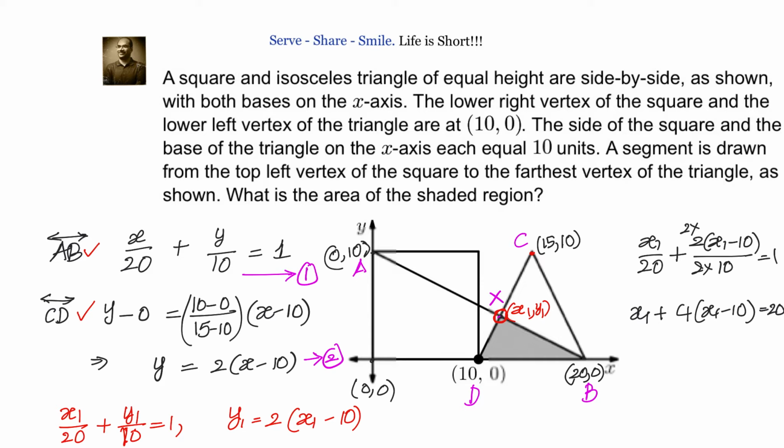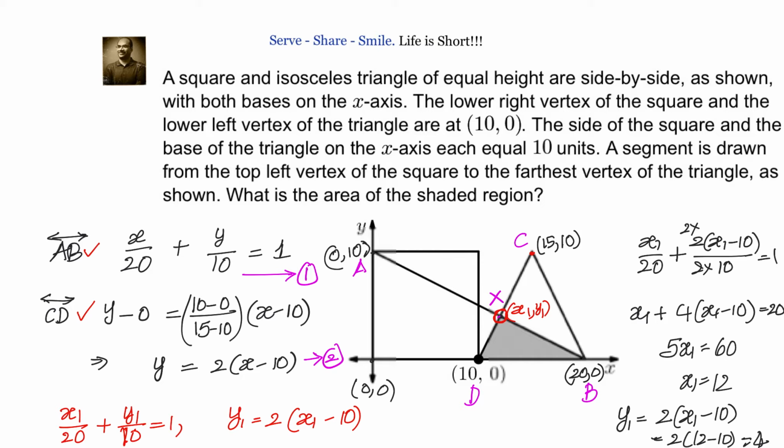Can we simplify that and say that 5x1 equals 60, or x1 equals 12? So we got x1 equals 12, then y1 we know already that y1 equals 2 into x1 minus 10. That is 2 into 12 minus 10, which equals 4. So we know that x1 comma y1 is 12 comma 4.